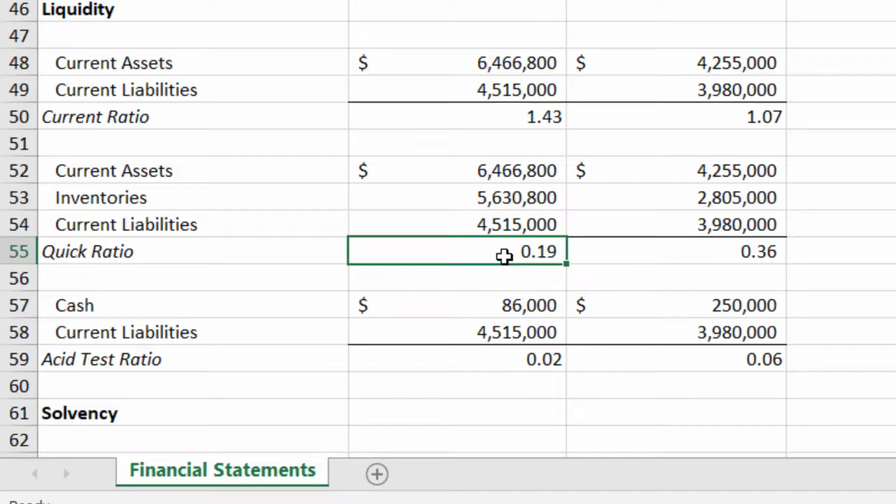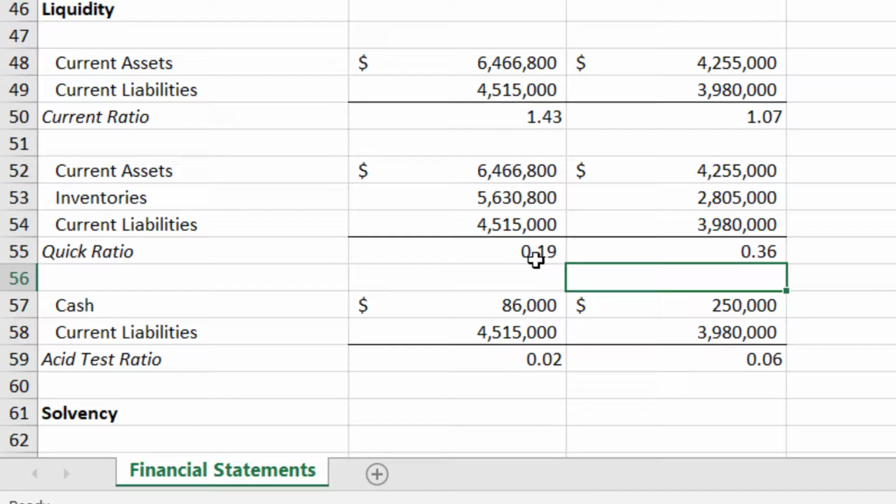And the answer to that question is absolutely not, because this ratio is less than 1. So this is basically saying that if we just relied on our cash position and our receivables, we're going to come up 81 cents on the dollar short in covering our current liabilities, which means things might be pretty tight if we had to liquidate things quickly.